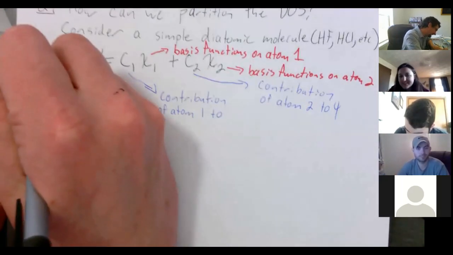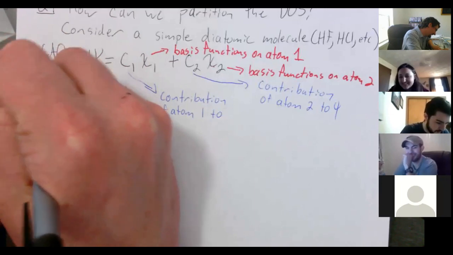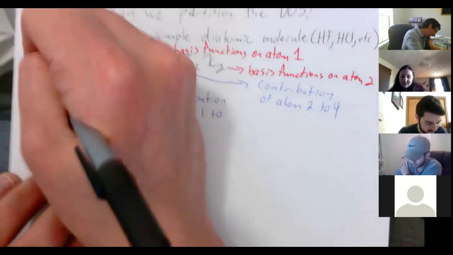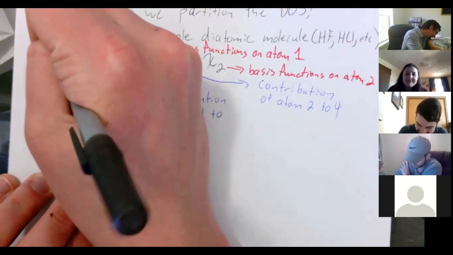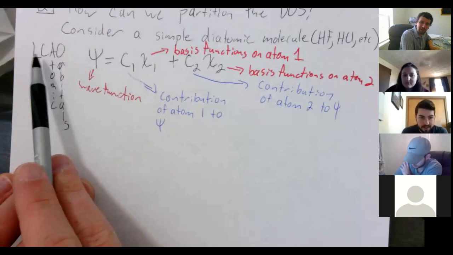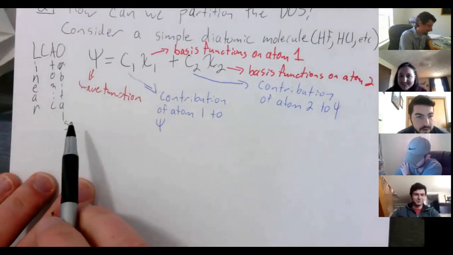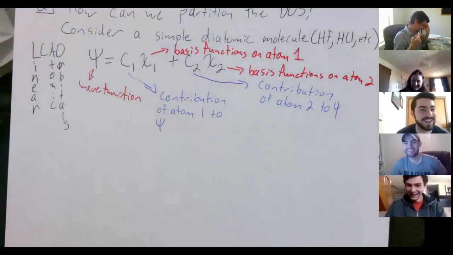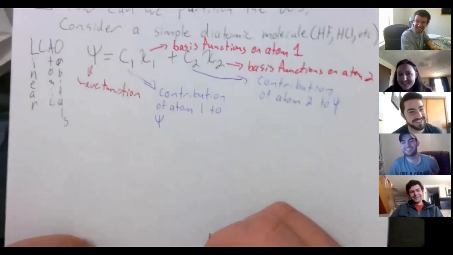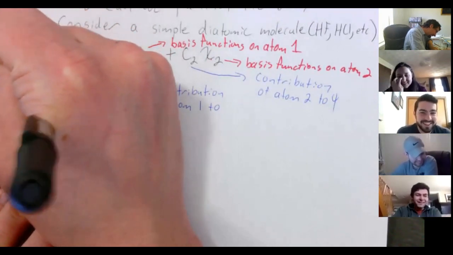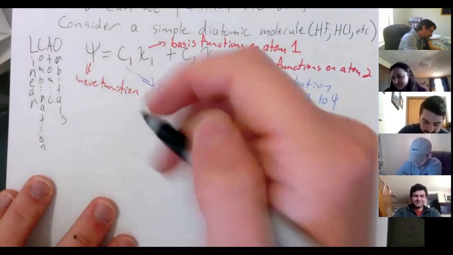Linear, something with a C, atomic orbitals. Combination.